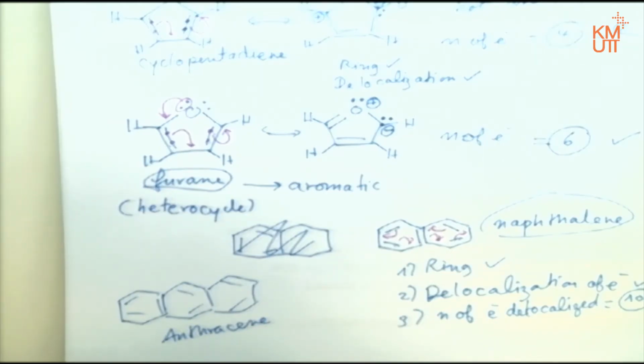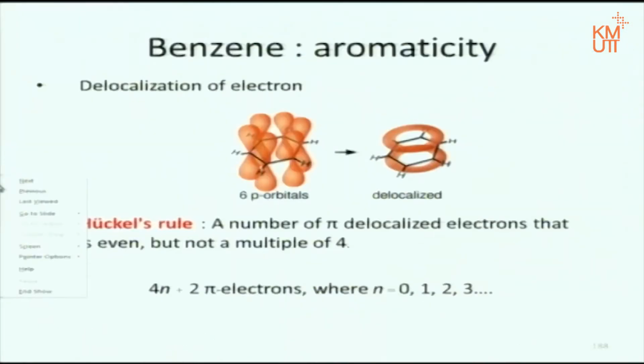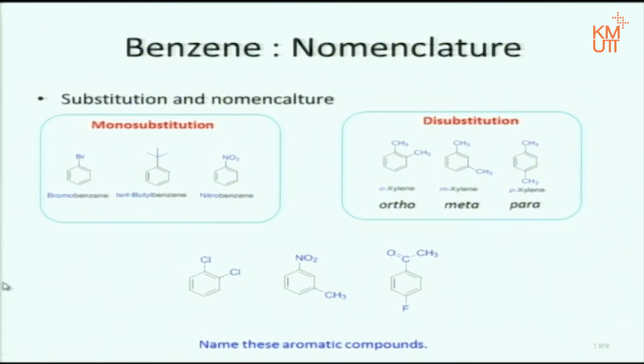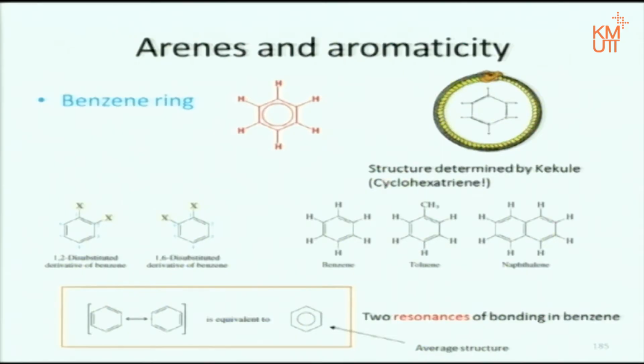The most important in industry are 3 aromatic compounds, which are called the BTX chain. You see the structure there: the benzene, toluene, and X for xylene.